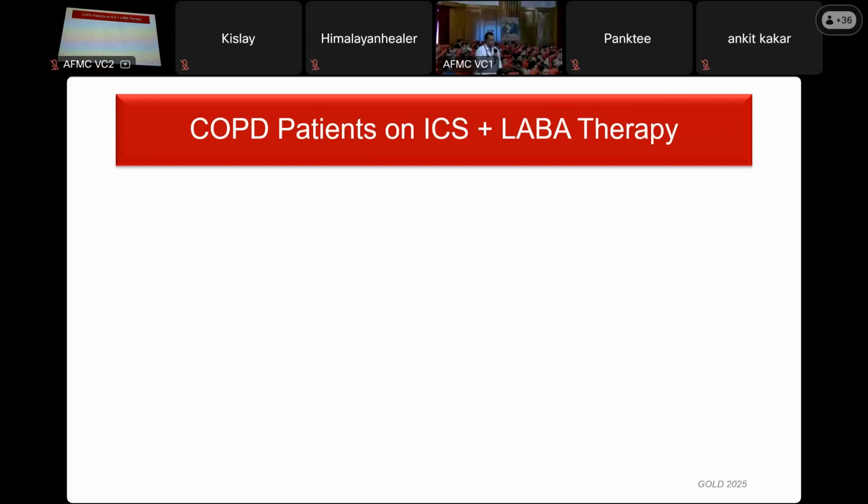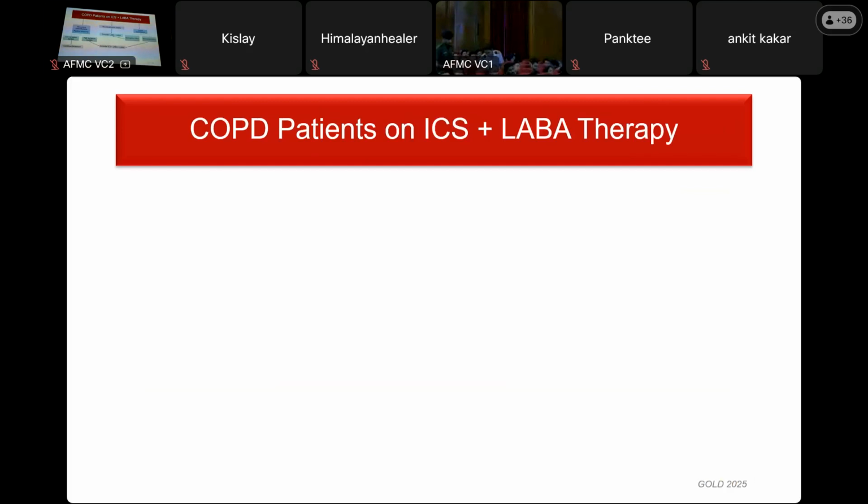Shamsha? So if the patient is already on ICS LABA and the patient is having symptomatic relief, then the patient can continue the same treatment, sir. And if the patient is not having symptomatic relief, then we may consider adding LAMA, sir, a dual therapy or a triple therapy.